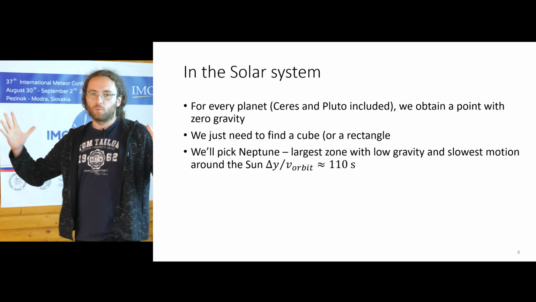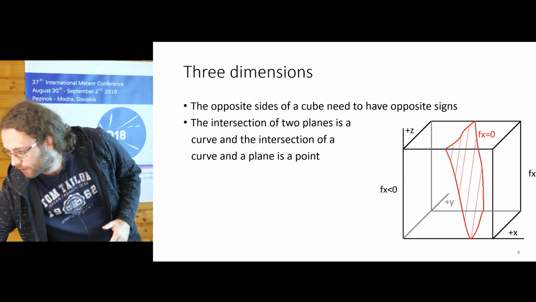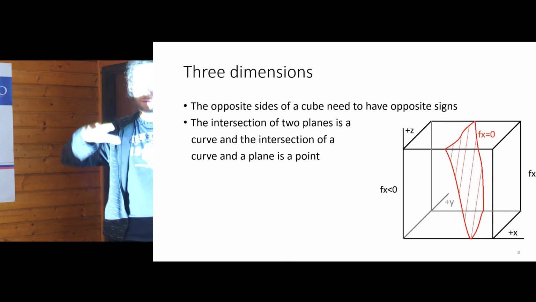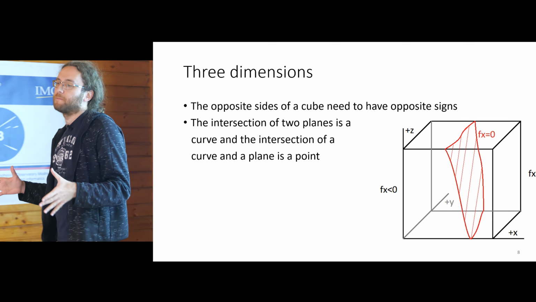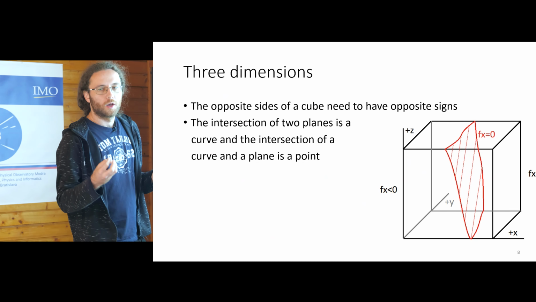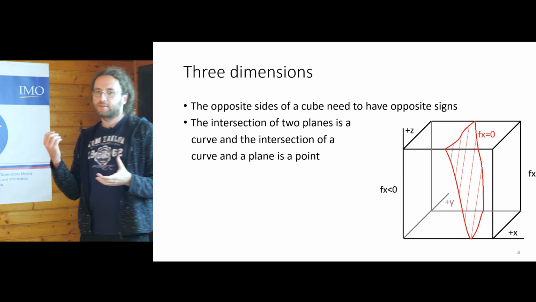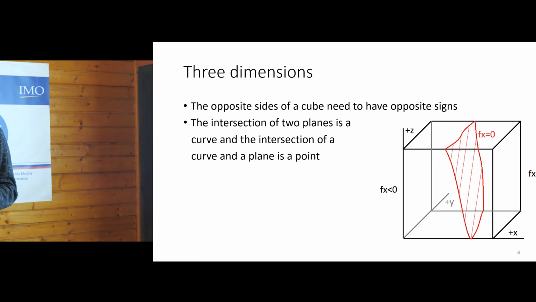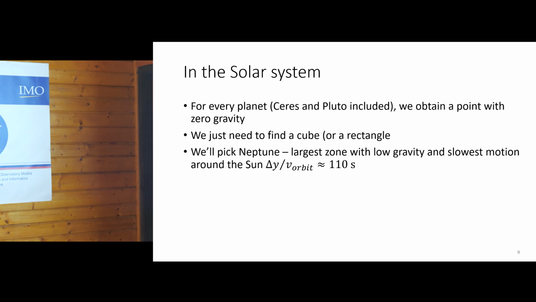It's trivial that the largest cube we can take is the whole solar system. The problem is that it's too large, and if we want to cut it into tiny cubes with a side of 300 kilometers, it might be manageable by some supercomputers, but I don't have a supercomputer. So we need to constrain ourselves a little bit.